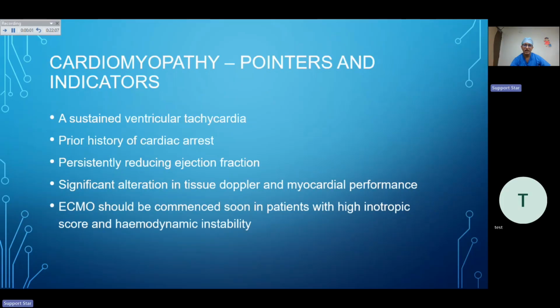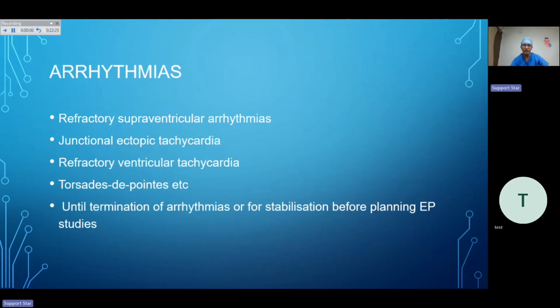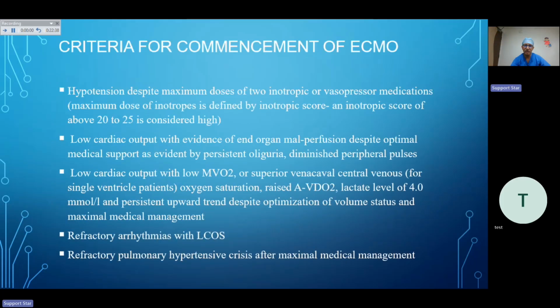In myocarditis, likewise, persistently reducing EF, prior history of cardiac arrest, sustained VTs, and tissue Dopplers in echo showing significant alteration of the performance of myocardium with a high inotropic score and all that. Then in cardiomyopathy, they indicate preemptive ECMO. So likewise in arrhythmias, refractory VTs, junctional ectopic tachycardias, torsades de pointes, and all these, before these culminate in arrest, we have to put the patient on ECMO.